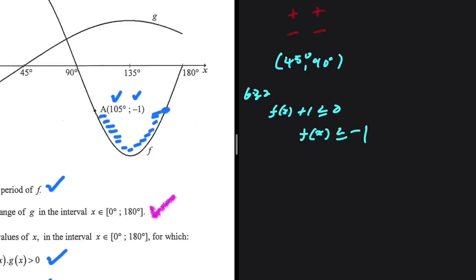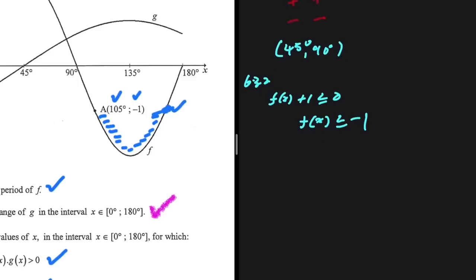So we're interested in the x value at that point where f of x is no longer less than minus 1. So we know that our answer should start at x equals 105, because when x is equal to 105 degrees, f of x is equal to minus 1. And then we need another x value for which f of x will be equal to minus 1.